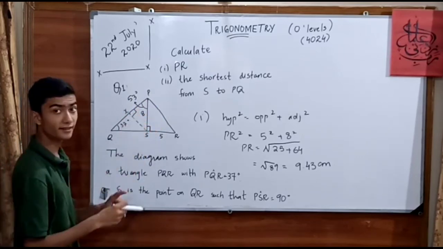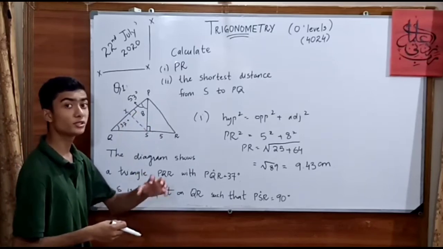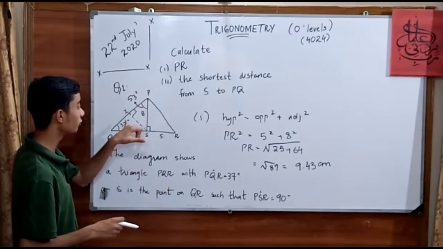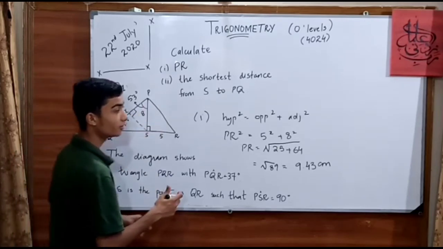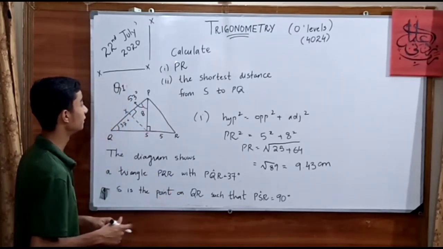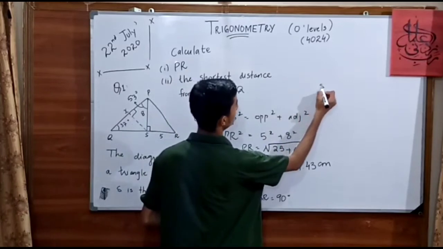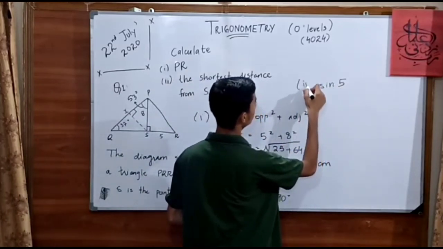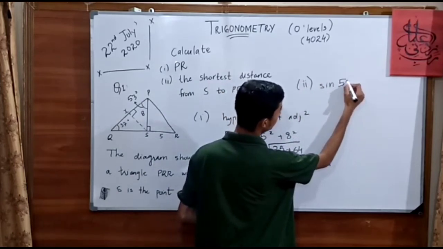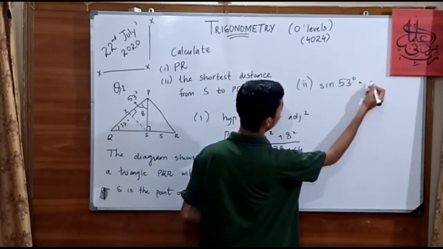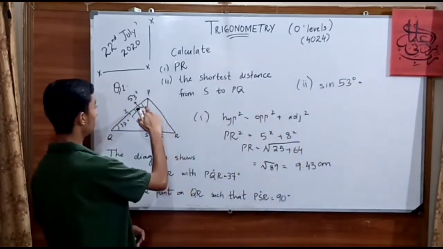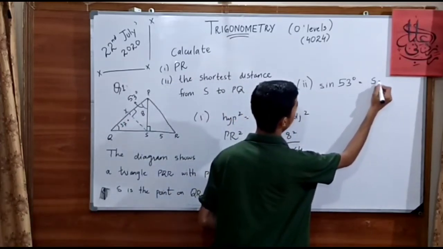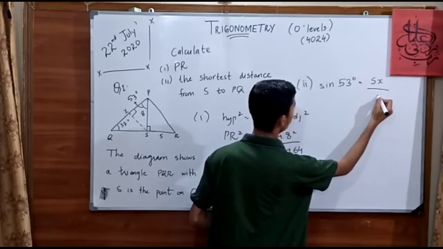This unknown side is in a right angle triangle, so we can use any of the trigonometric ratios. It would be opposite over hypotenuse. And what is opposite over hypotenuse? It would be sine. So sine 53 equals the opposite, which is the side you have to find, SX, divided by 8.